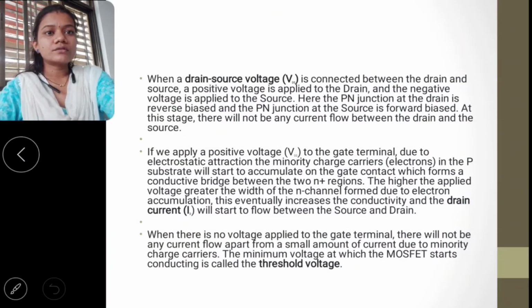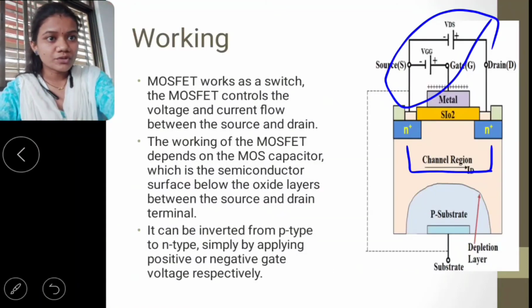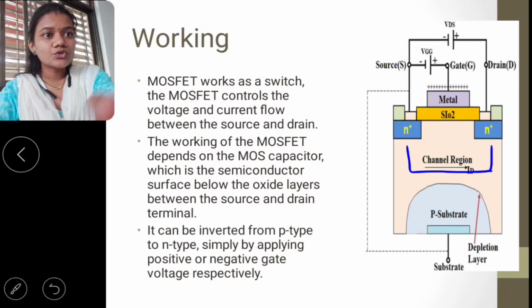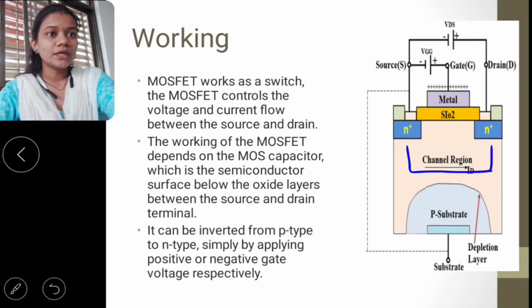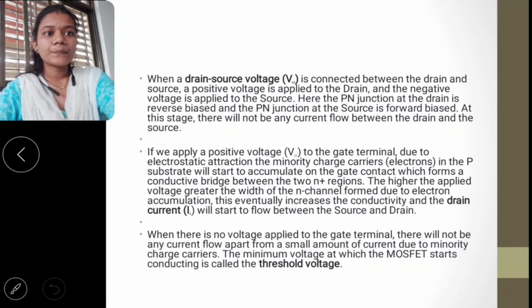So how does it work? When VDS is connected between drain and source, a positive voltage is applied to the drain and negative voltage is applied to the source.